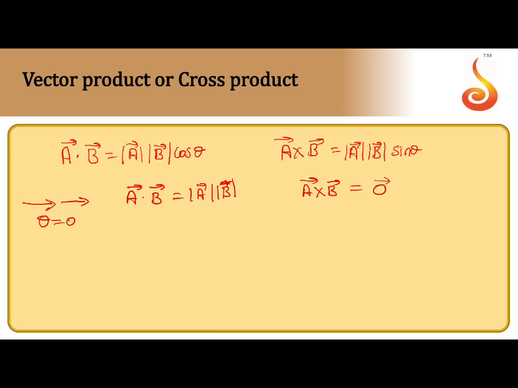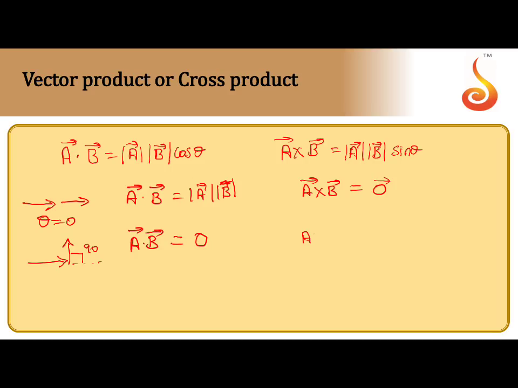If the two vectors are perpendicular in their direction, then A dot B is equal to 0 because cos 90 is equal to 0.